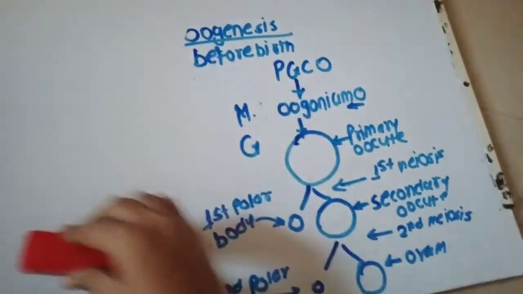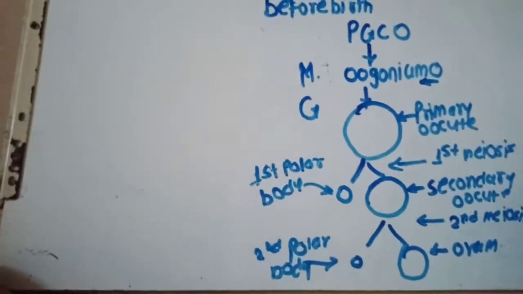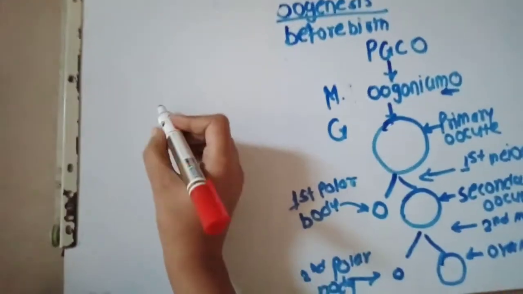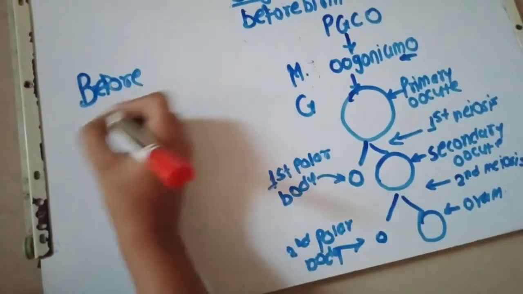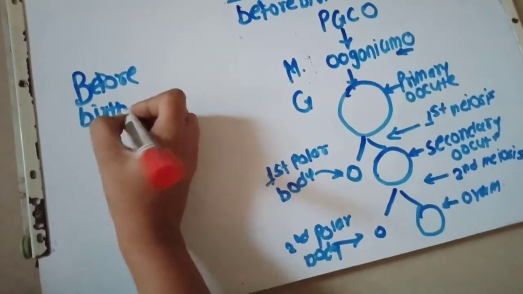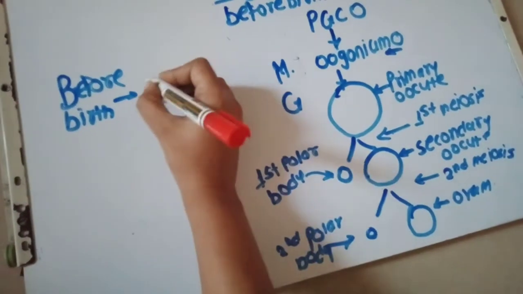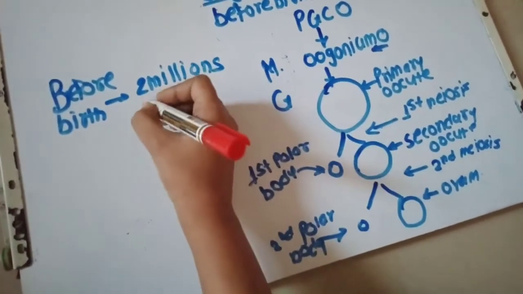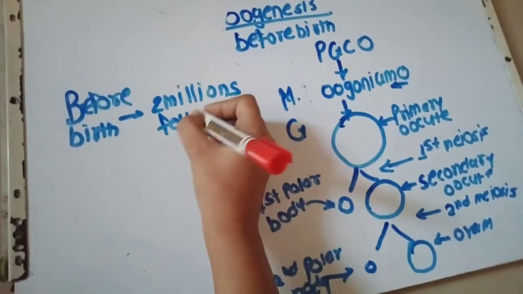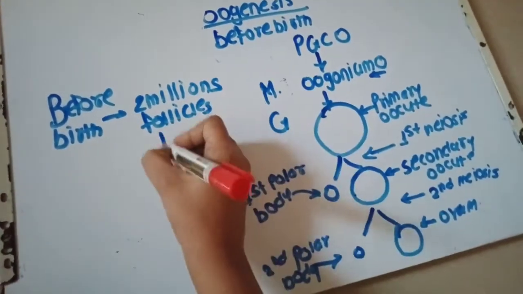Now we'll find out one data here. Before a girl is born, before birth, there are 2 million follicles.